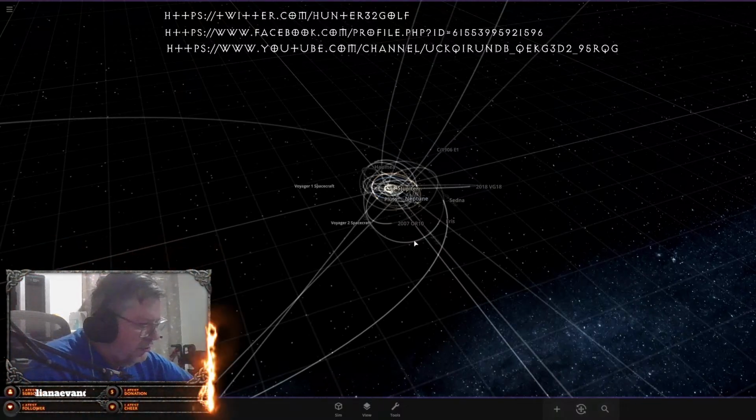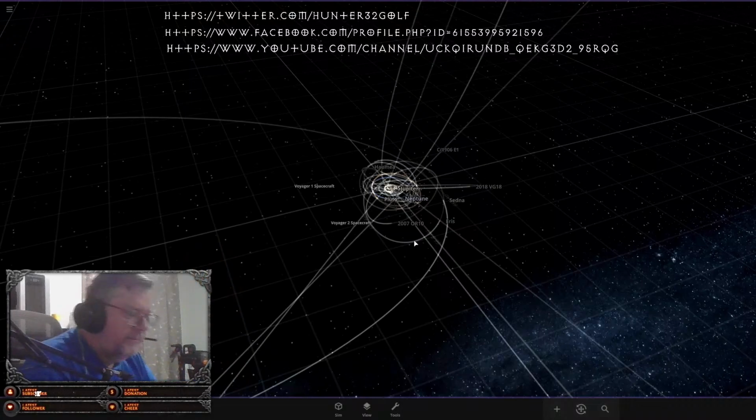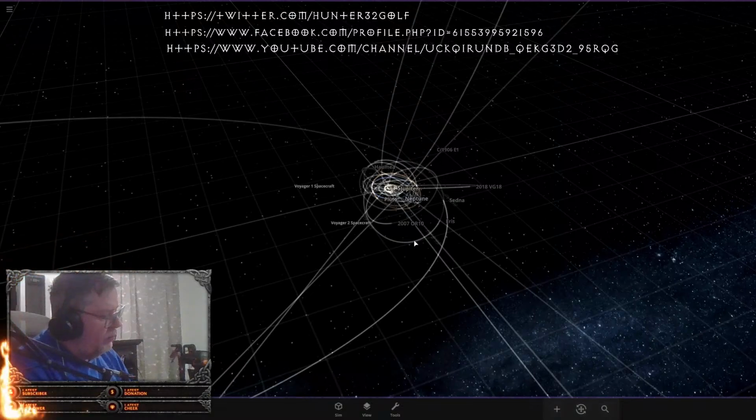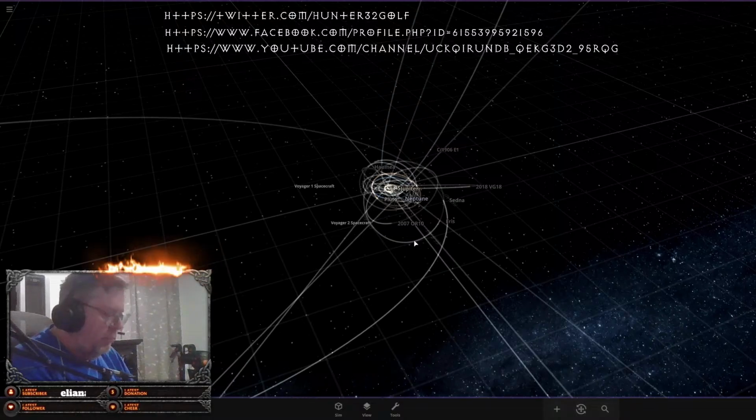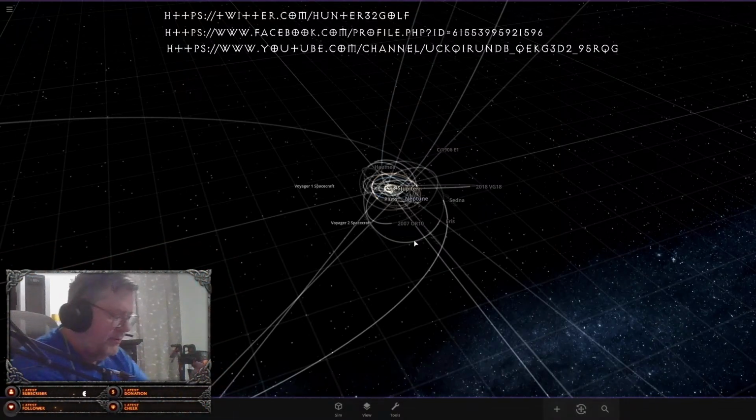But I'm pretty sure there's 3 stars in that system. There's Proxima A, Proxima B, and Proxima C, where Proxima A and B orbit around their barycenter, and then Proxima C orbits around those two in a different barycenter.